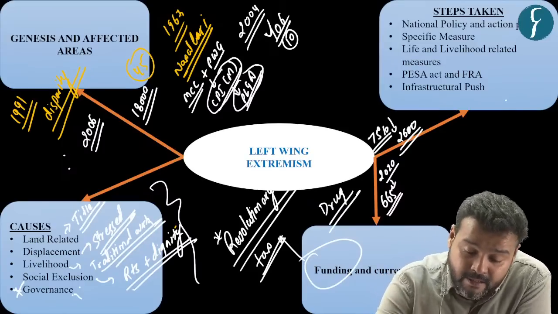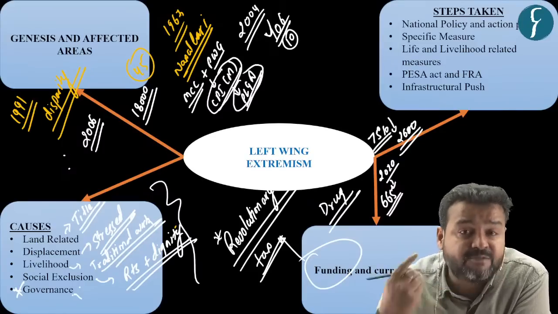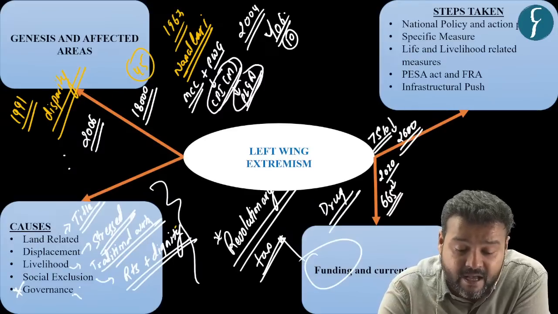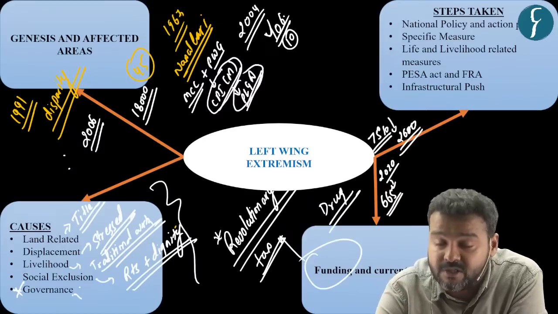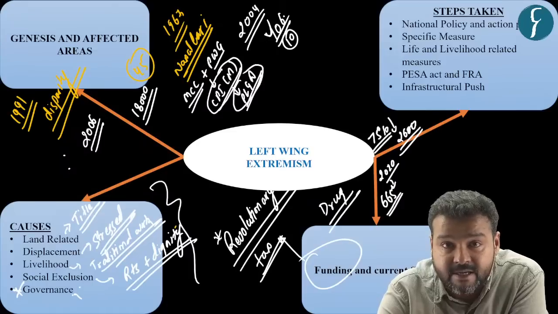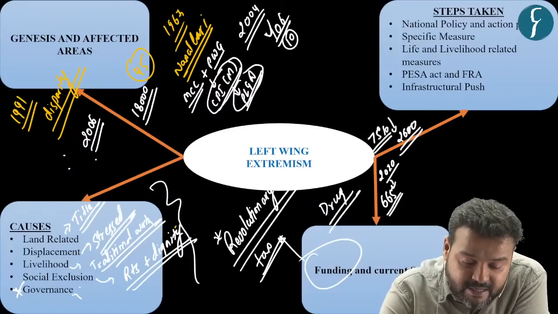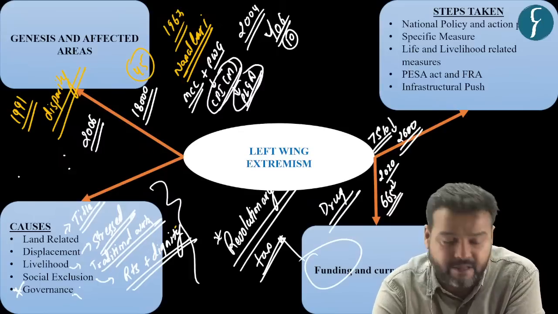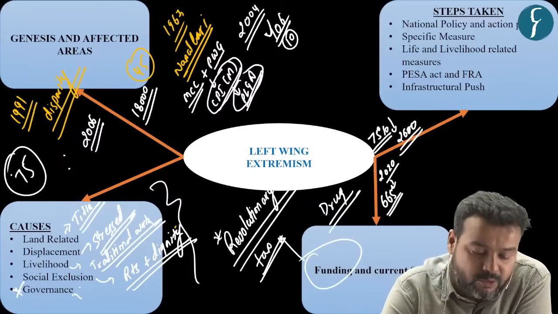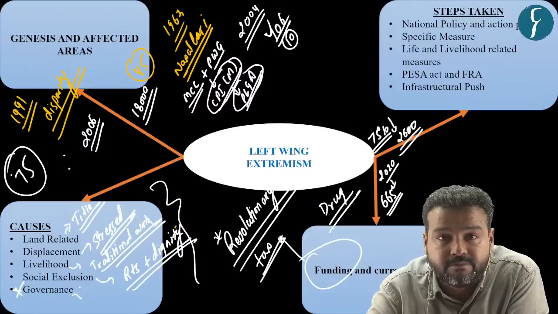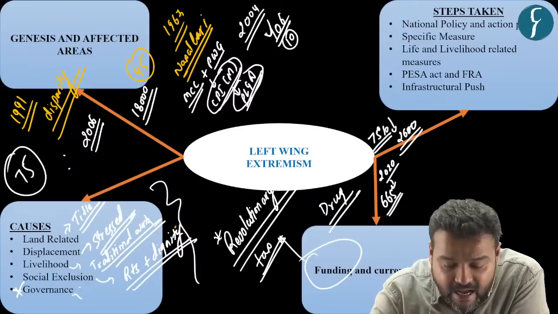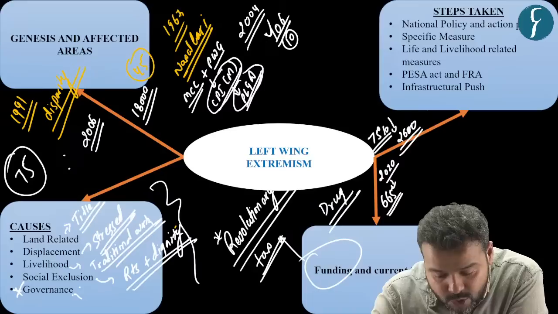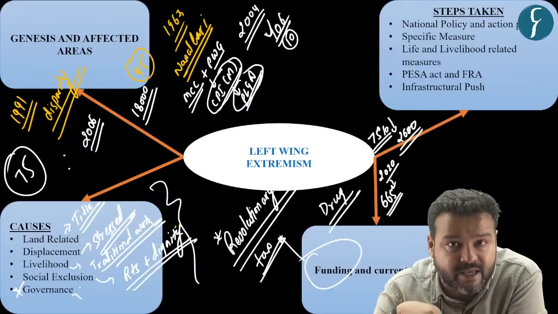Further, as we discussed, they were operating from 106 districts. Now the number of districts still affected by Naxalite activities has come down to 75. So these are some facts and data which show that they are shrinking.